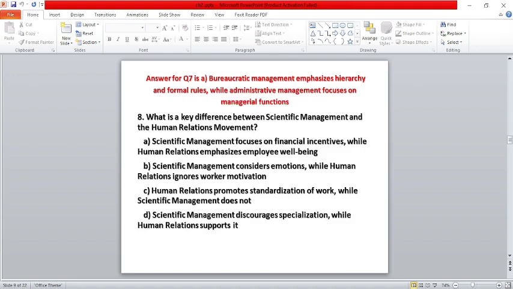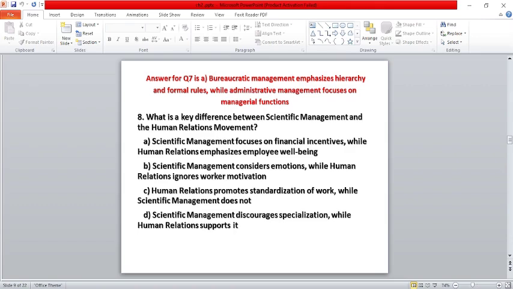Question number 8. What is a key difference between scientific management and human relations management? A. Scientific management focuses on financial incentives, while human relations emphasizes employee well-being. B. Scientific management considers emotions, while human relations ignore worker motivation.